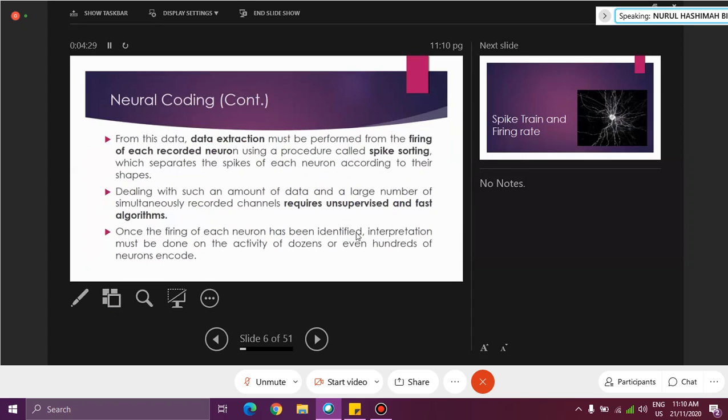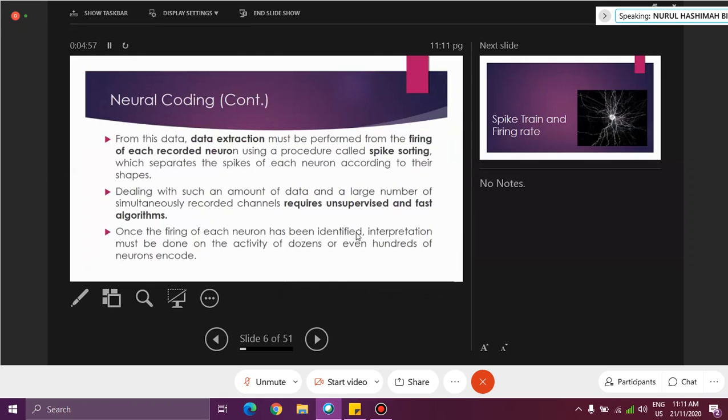From this data, we need to do data extraction so that we can extract the firing of each recorded neuron.